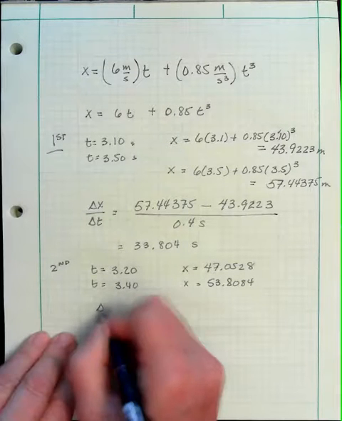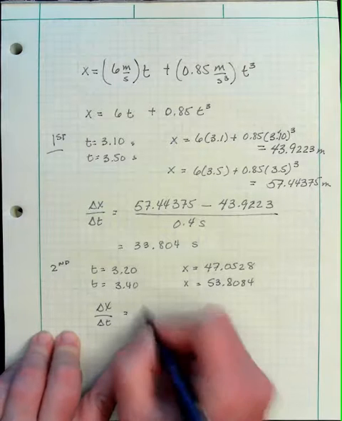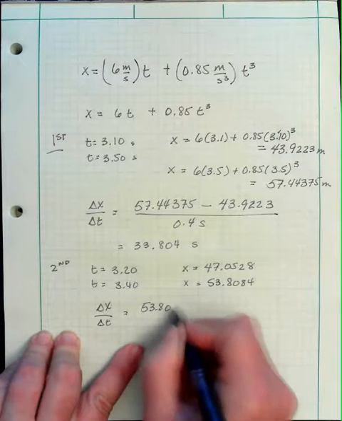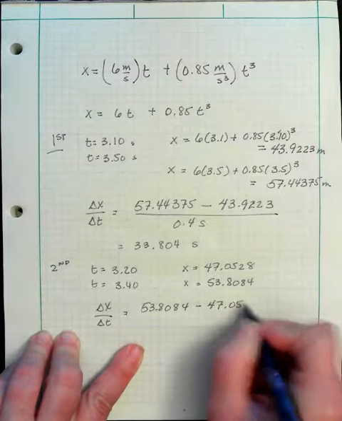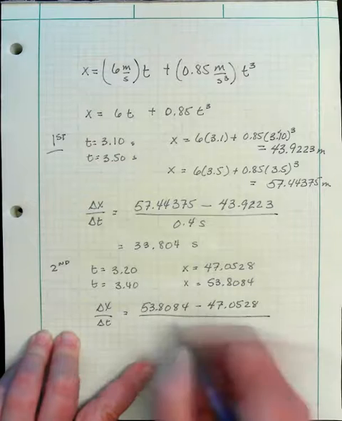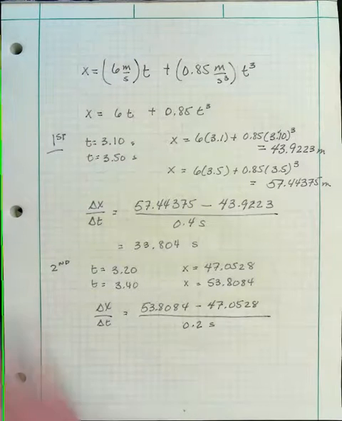I do the same thing, change in x over change in time: 53.8084 minus 47.0528, divided by my 0.2 seconds at this point.